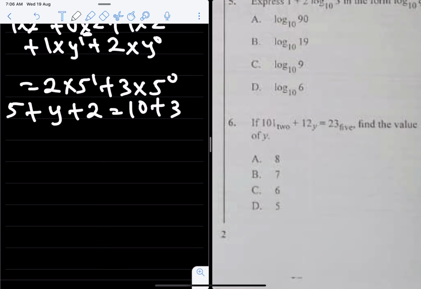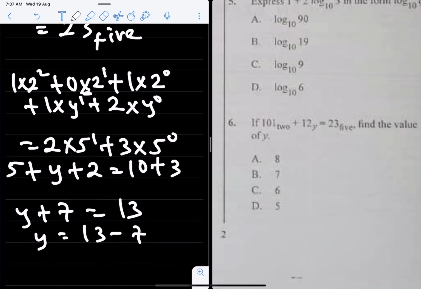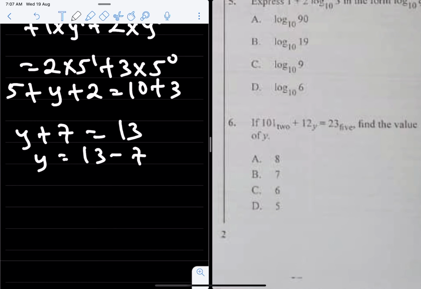And that simply means y plus 7 equals 13, which means y equals 13 minus 7. And that simply means y equals 5. Y equals 6 rather. So the correct answer is C.